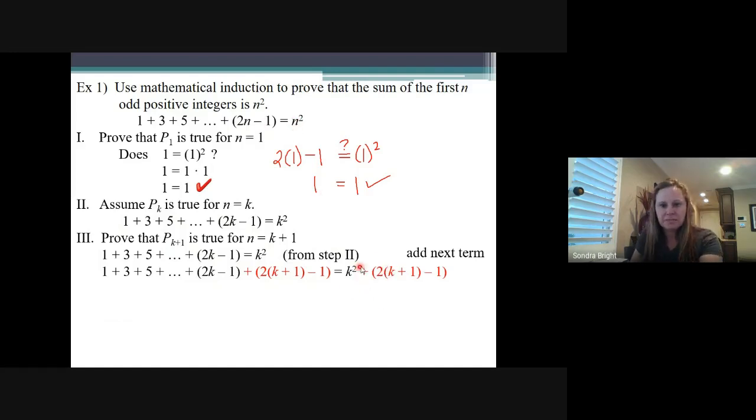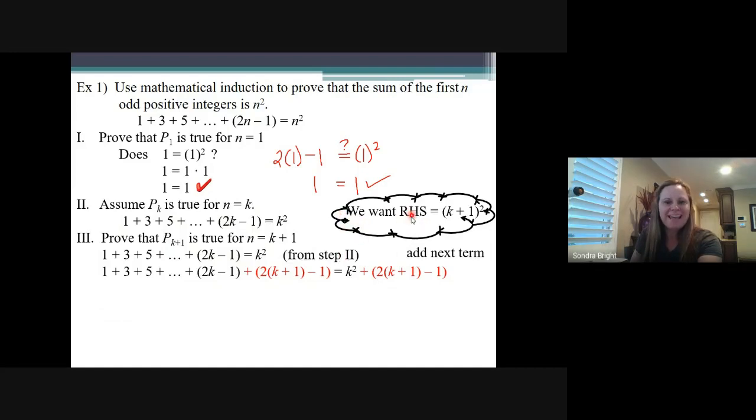All right, so let's do some simplifying. Distribute that 2 to the k and to the 2. We want the right-hand side, RHS, to end up equaling k plus 1 quantity squared. That's what we want. It's not what I plug in.